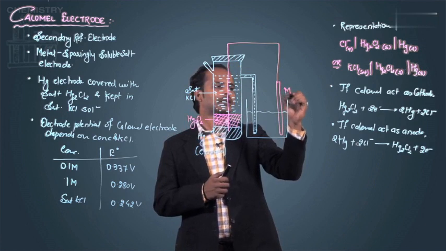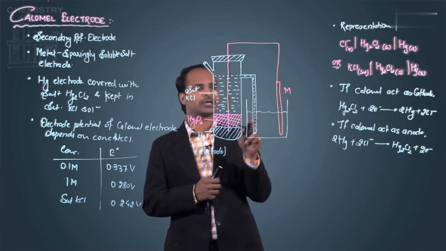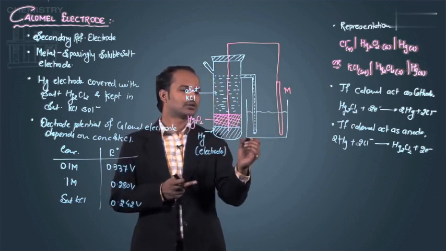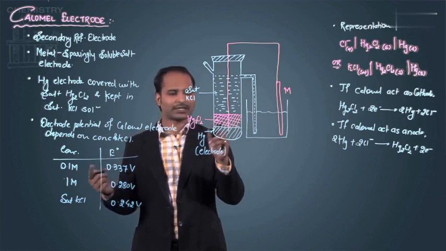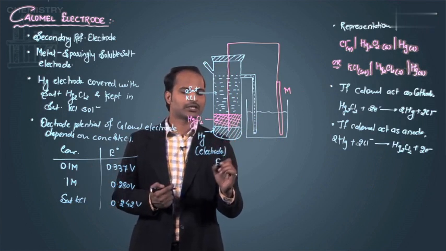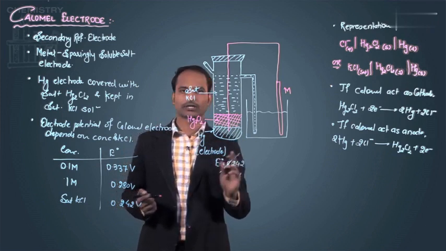This is a metal electrode M placed in a solution of its own ion. KCl is acting as the electrolyte of the salt bridge also. Suppose the solution is saturated KCl, then its E naught value is 0.242.